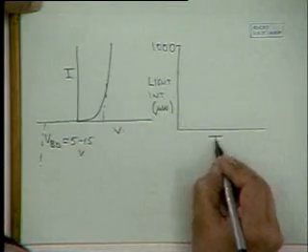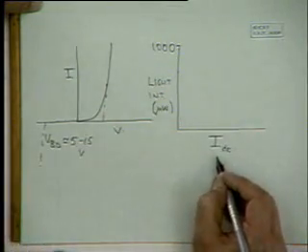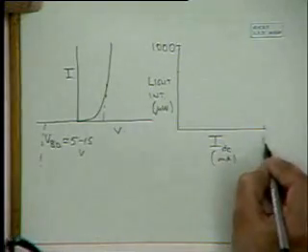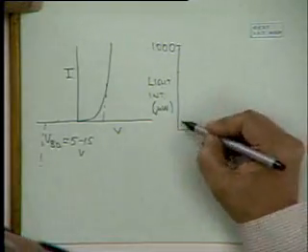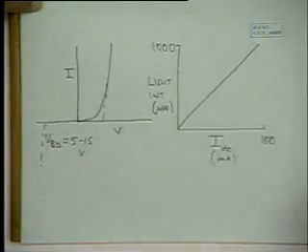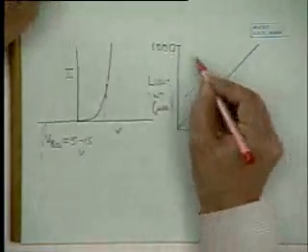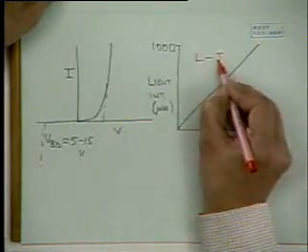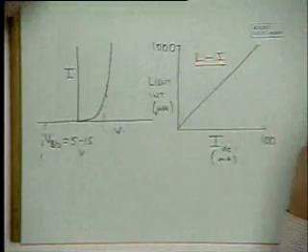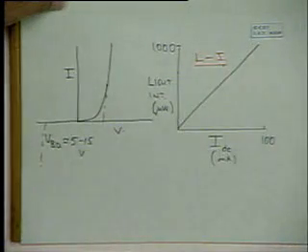And if you plot I DC in milliamps, and say this is 100 milliamps, you have a linear L-I characteristic of a light emitting diode.